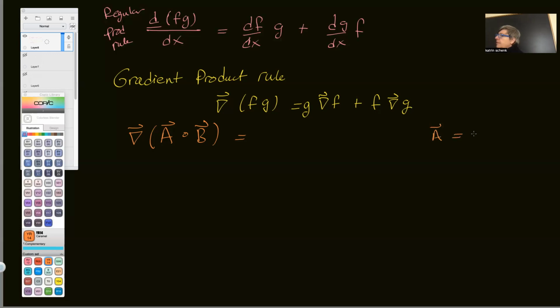Like if A is X times X hat plus Y hat, which is 2D, and B is Y X hat plus X Y hat, and A dot B is XY plus XY, equal to 2XY. It's a scalar. Yeah? All right, so I can take the gradient of it.